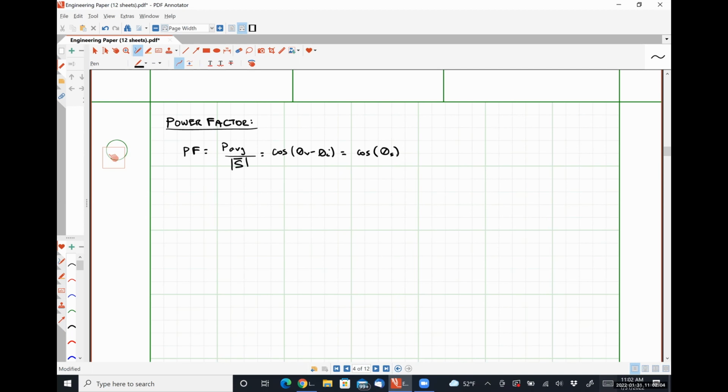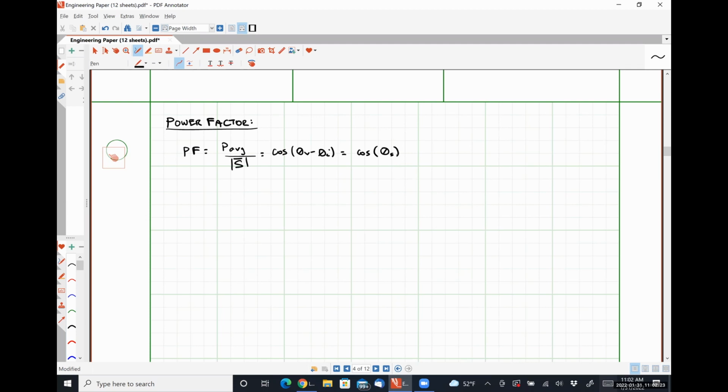So a power factor of +1 means that a load is absorbing 100% of the apparent power that is delivered to it, meaning that all the apparent power is real power.